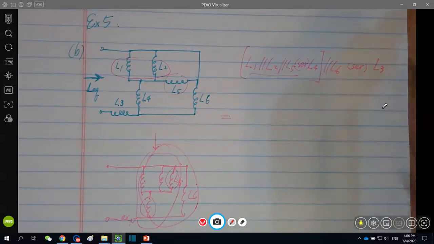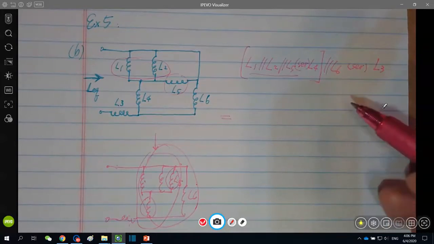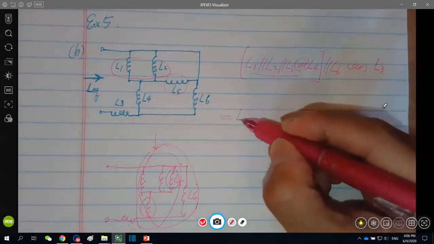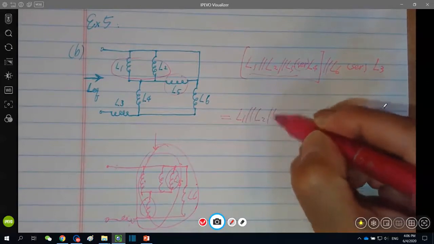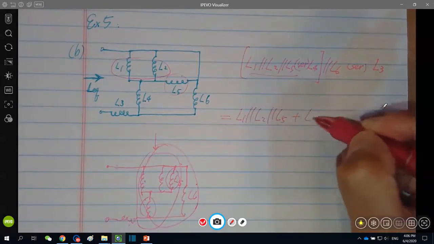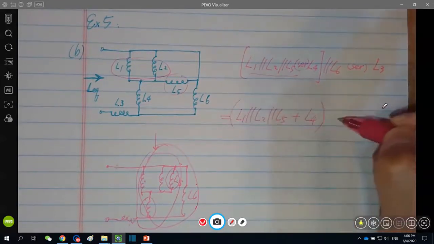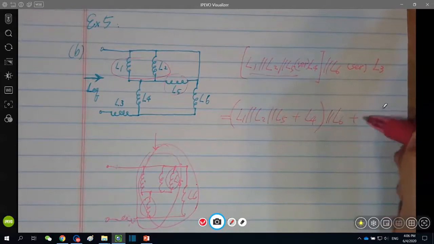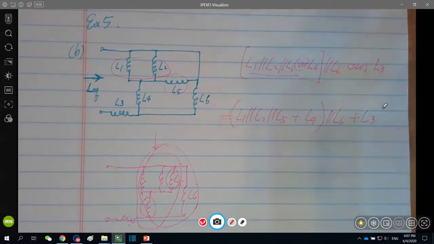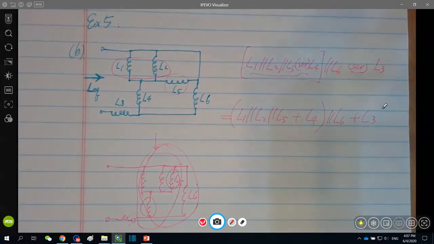Of course, for the inductor it is the same as the resistor rule. Because again, series connection among inductors is the same as the rule for series connection of resistors. So series means plus.